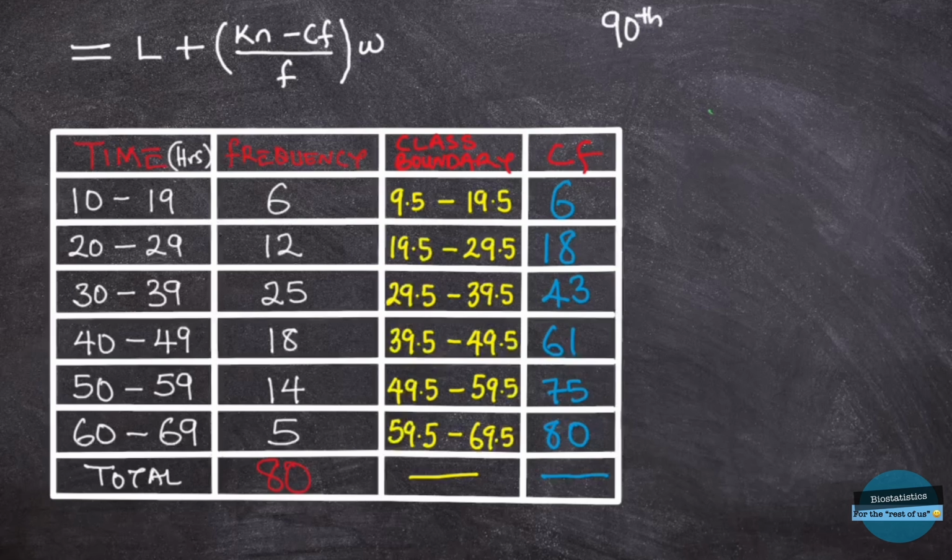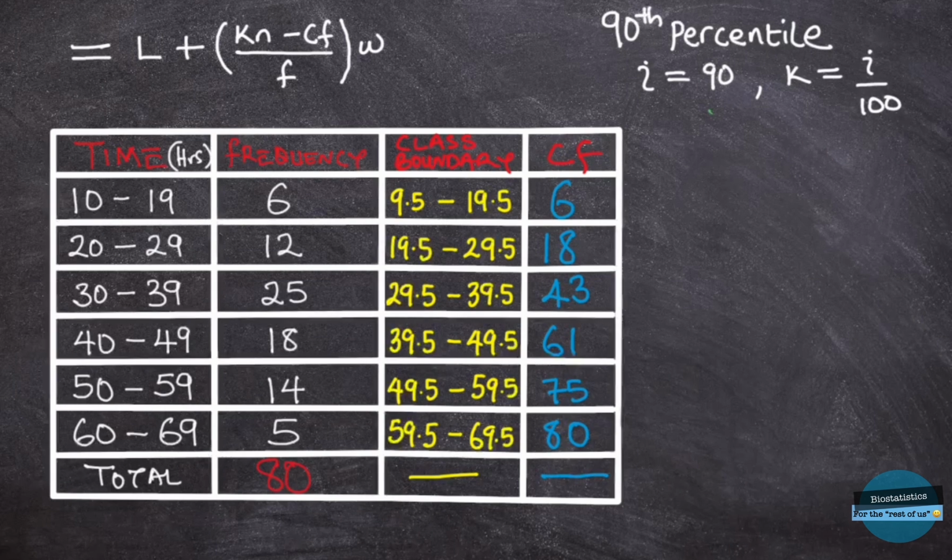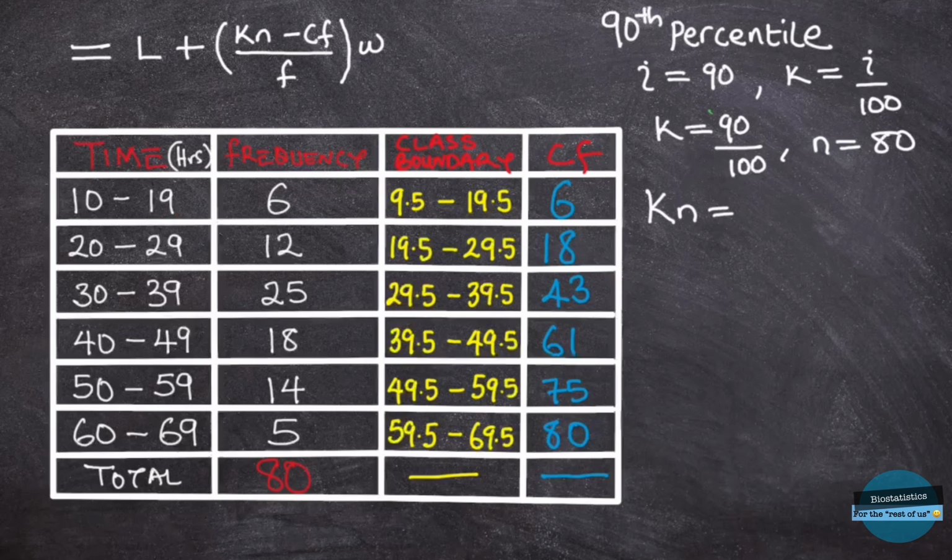So now on to the 90th percentile, P90. This one should be easy peasy. Using the same formula, I is 90, right? K is I over 100 for percentiles, which is 90 over 100. Kn is 90 over 100 times 80. This is equal to 72, right?